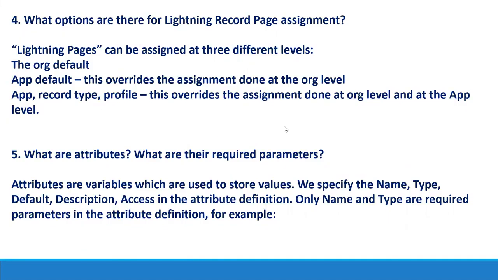Then what options are there for Lightning record page assignment? Just now we discussed, right? After creating a Lightning page, either application page, home page, or record page, what do we have to do? We can set it as org default, or specific profiles can see that page, or based on the application, record type, profile.